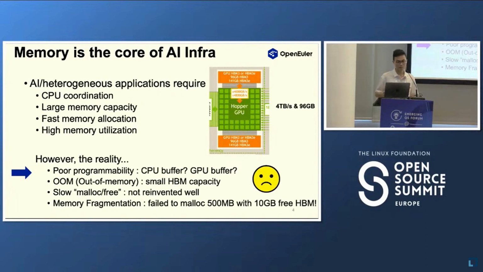Also, AI frameworks develop their own malloc and free libraries, but this reimplementation does not function well. We see a lot of memory fragmentation issues in these AI frameworks. For example, we see a failure of malloc'ing 500 megabytes of memory, given that the accelerator still has 10 gigabytes of free HBM.